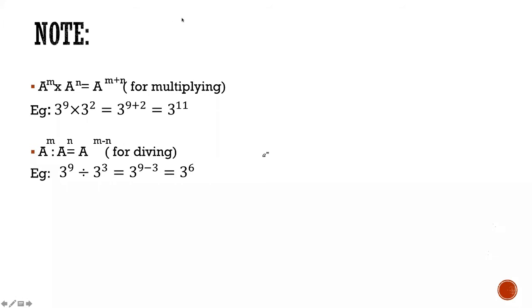So a to the power of m times a to the power of n equals a to the power of m plus n, for multiplying. And for dividing, a to the power of m divided by a to the power of n equals a to the power of m minus n. Okay, thank you for reading it. This was very worth it.